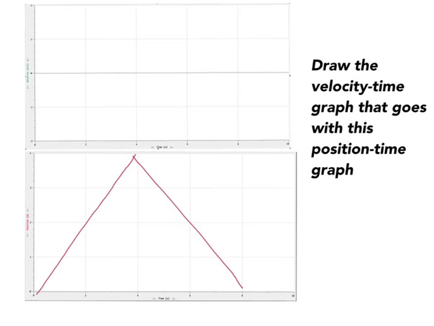So first of all, I have a straight line starting from 0, straight line of increasing position that goes up to 4 meters and then comes right back down. So let's see, to make this line, I would walk away from the detector at a steady speed, and that speed would be found by taking the slope.